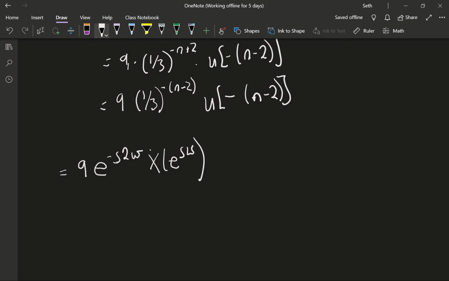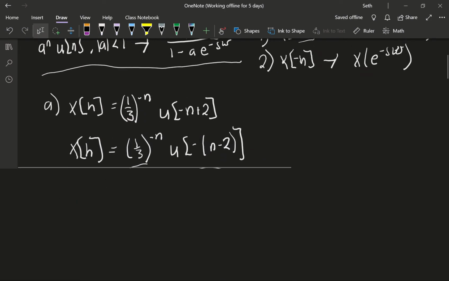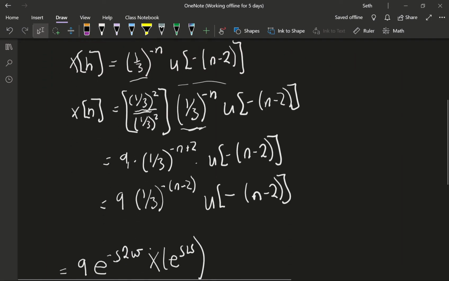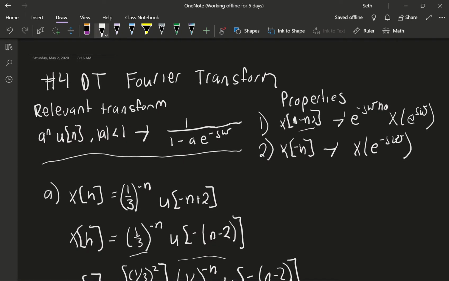So that covers the time shift, times whatever the Fourier transform was. Now the Fourier transform for a function that looks like this would normally be 1 over 1 minus a times e^(-j omega). In our case, a is just 1/3, and we're accounting for the reversal.